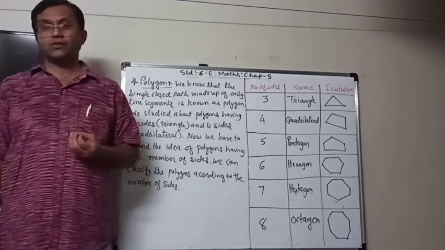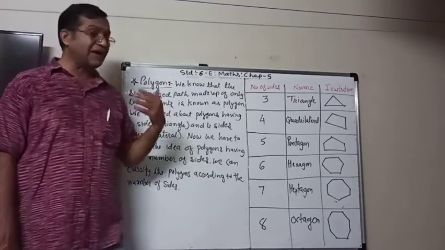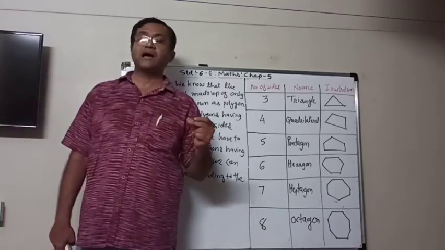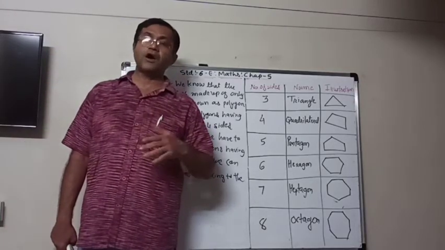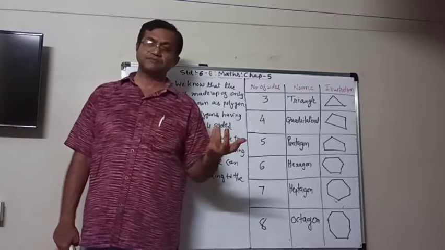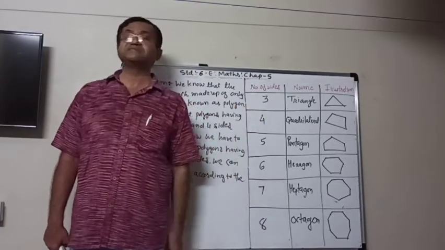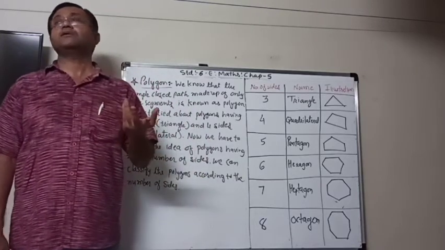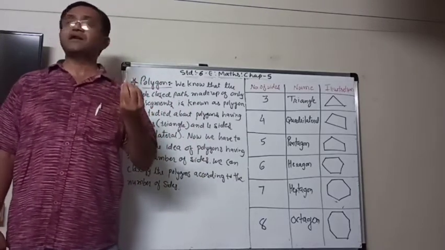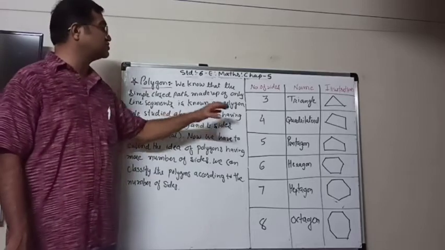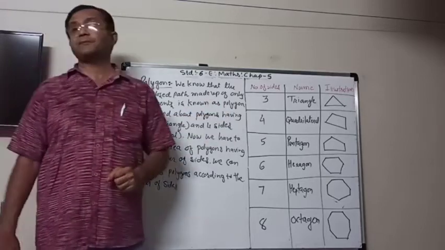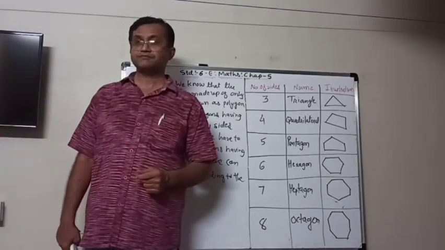But now we have to extend our idea of polygons, because there will be more sides. So we cannot stop after 4 sides.